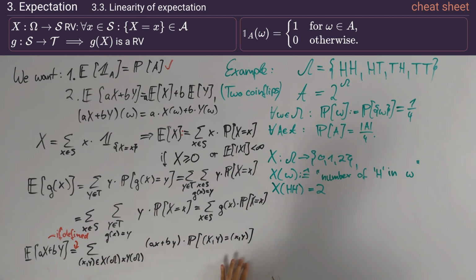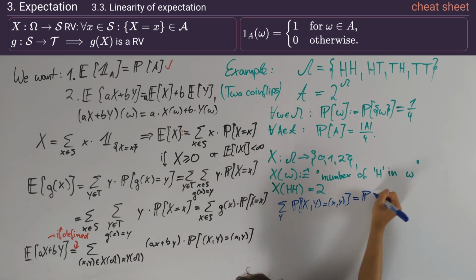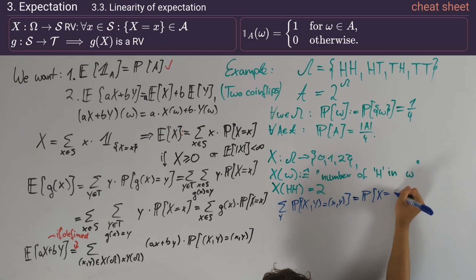We can split this sum and use the fact that the sum over all y of P of (X, Y) equals (x, y) is by sigma additivity equal to the probability that X equals x.